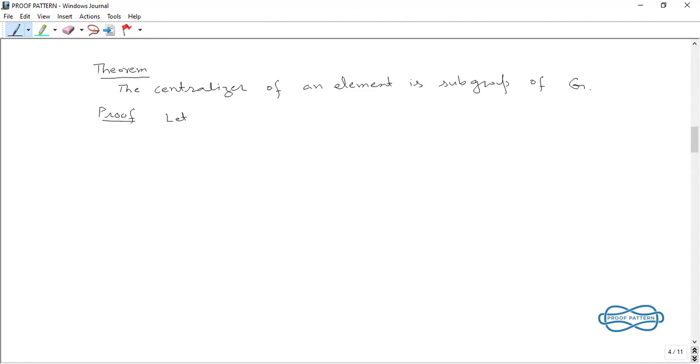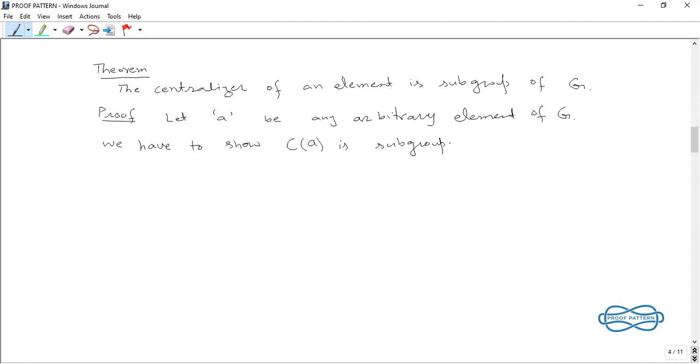Let A be any arbitrary element of G. Now we have to show that the centralizer of A is a subgroup of G. Okay.